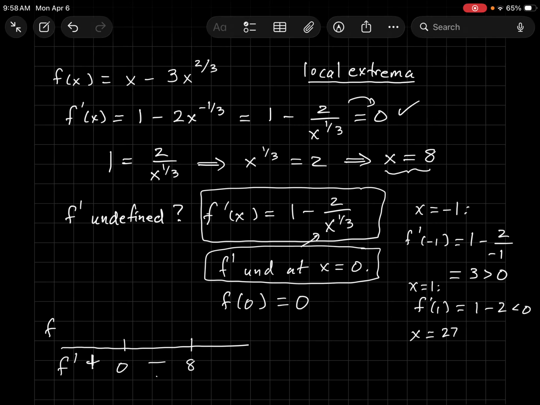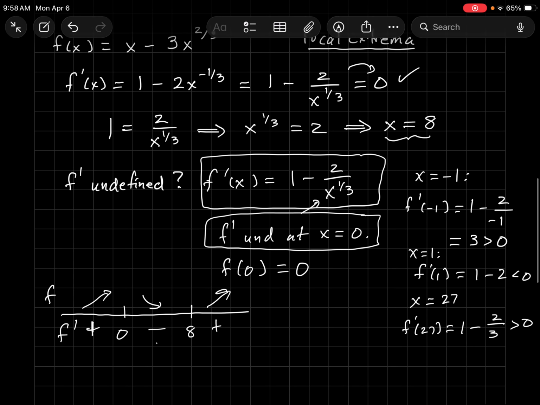Because I know the cube root of 27, I can do f prime of 27 is 1 minus 2 over the cube root of 27, which is 3. And notice that we get positive. So filling in f, I get increasing, decreasing, then increasing again.